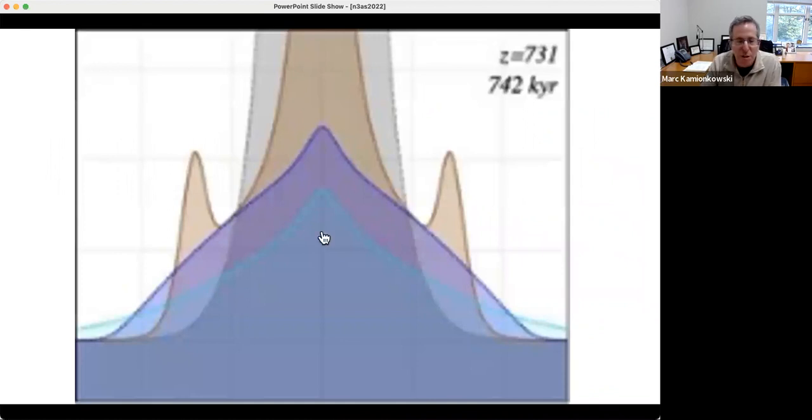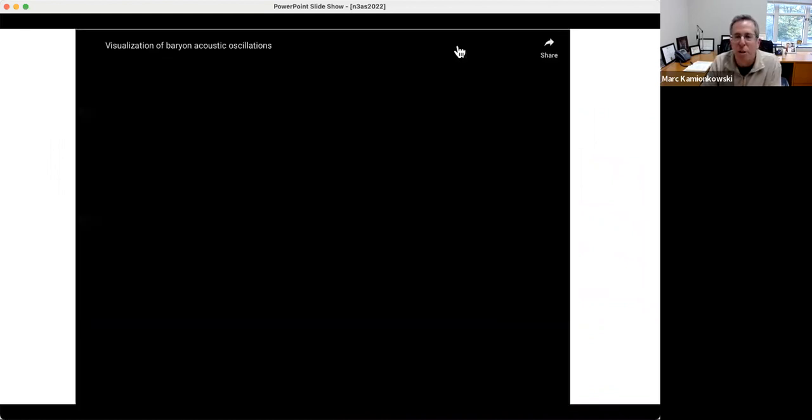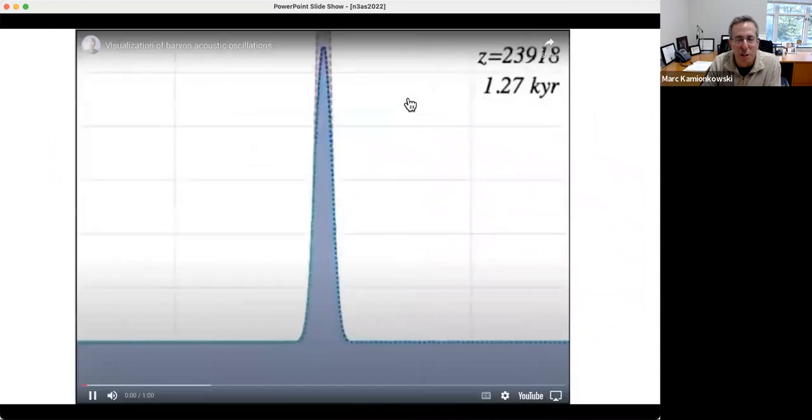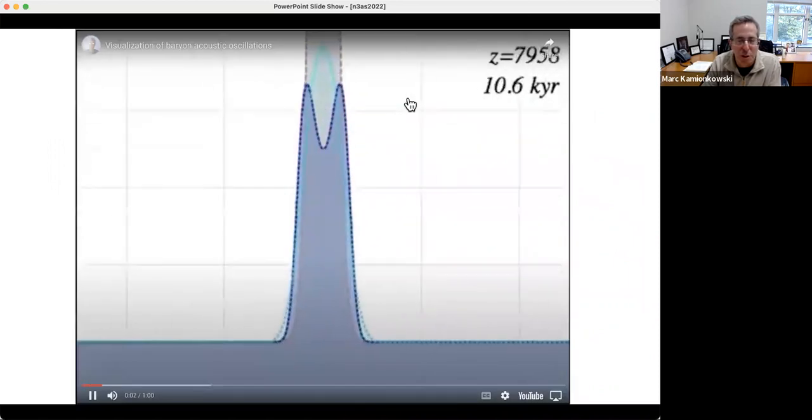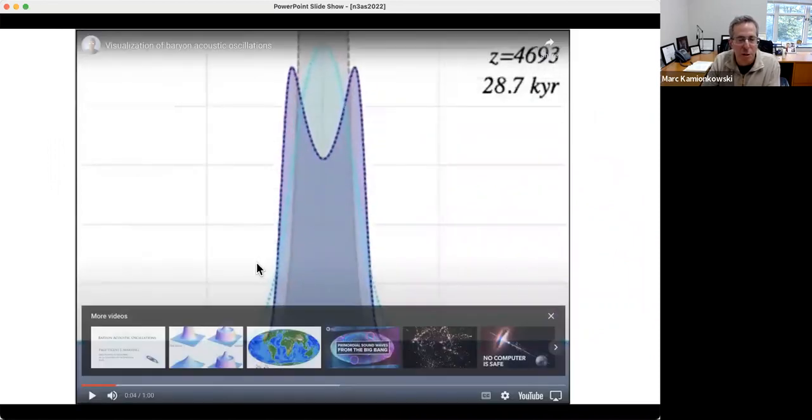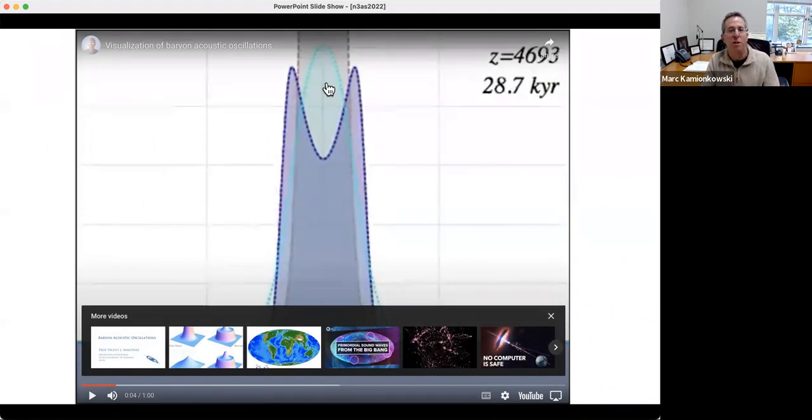And the simple physics is illustrated in this movie that I'm going to show you. It's playing now, and I'll pause it for a second. What this movie shows, and you can find it on YouTube, is the evolution of an initial overdensity in the early universe. Suppose we have a perfectly smooth early universe that consists of dark matter, baryons, photons, and neutrinos.